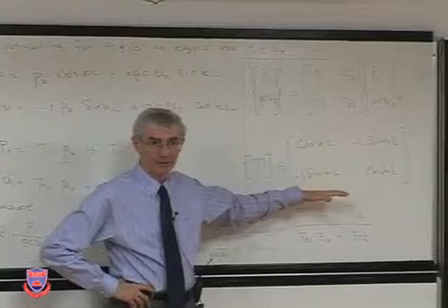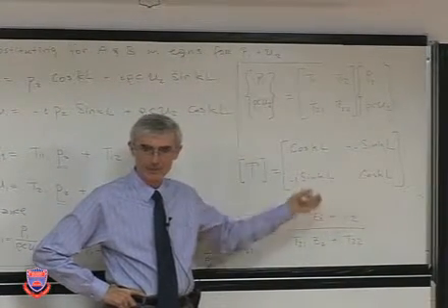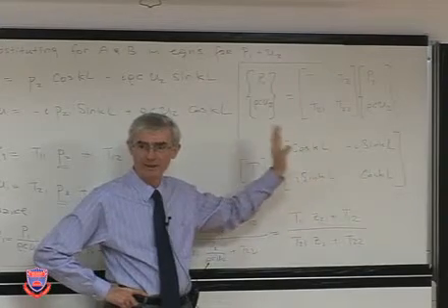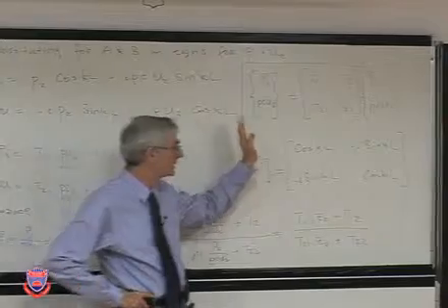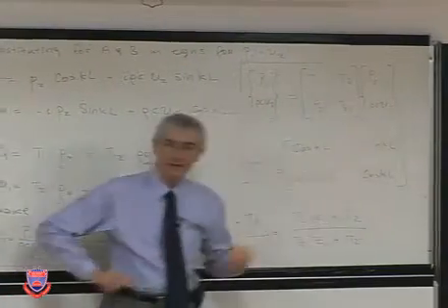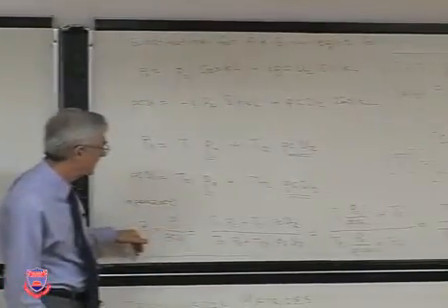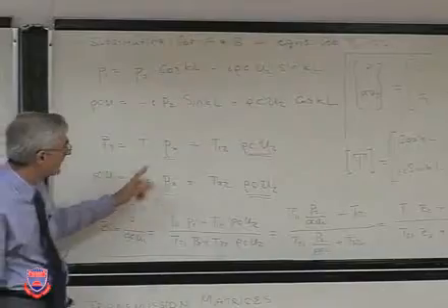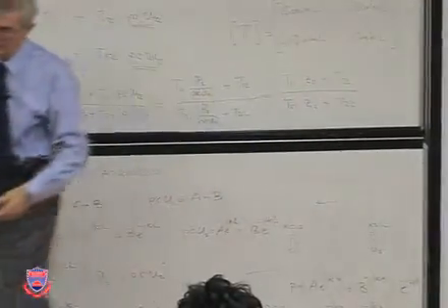It also indicates that it's not adding anything to the system. It's not an external energy source. So it has a determinant that's equal to 1. It's just a transmission matrix that relates one end to the other end. So you can see now it is a very simple relationship between the impedances at two ends through the matrix.